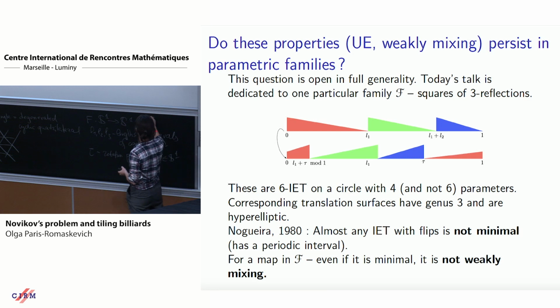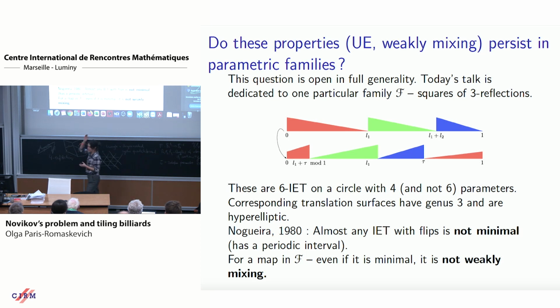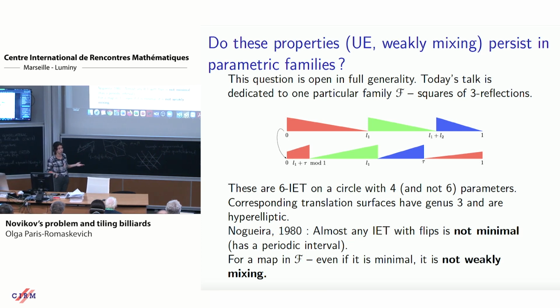So the sum of the lengths is equal to 1, say if your circle has length 1. Okay, so we have 4 parameters, and not as usually we would have 6 parameters for the square of this map. Because you see that the square of this map is a normal interval exchange transformation because we changed orientation twice. But we don't have 6 lengths of the intervals, we only have 4.